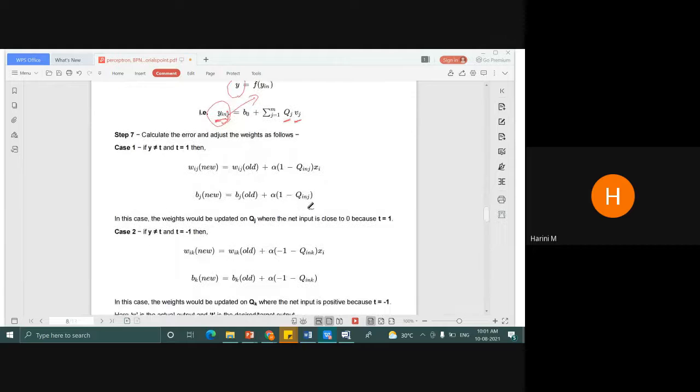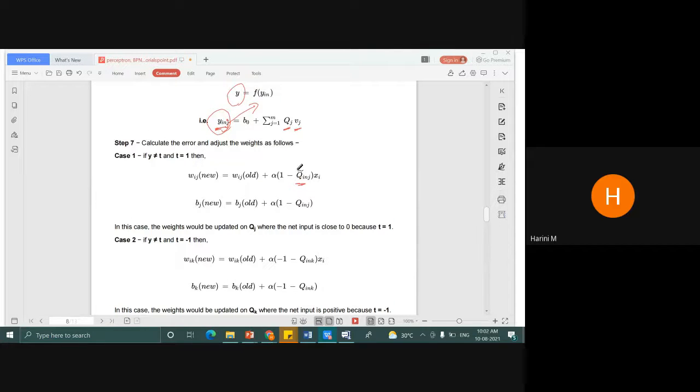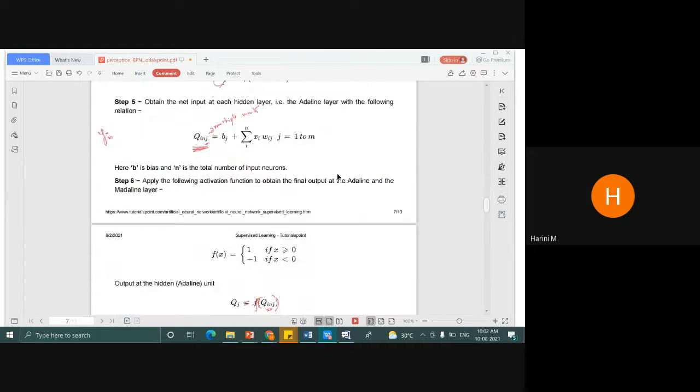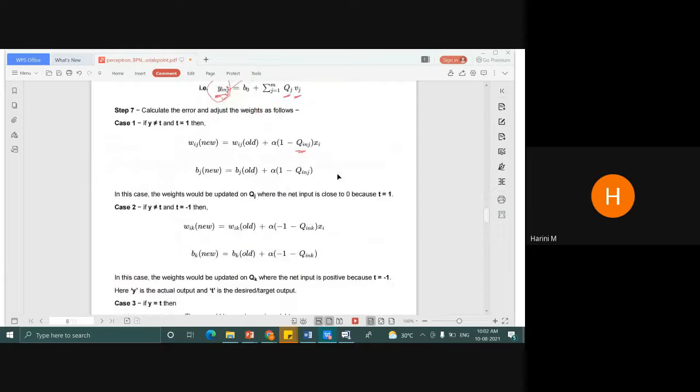Calculate the error value with respect to Q because we have Q here next to y. So this is the direction, right? Backward direction, I have Q here. With respect to Q only, I'm going to calculate the error value. So I'm calculating the error value with respect to x and then update it.